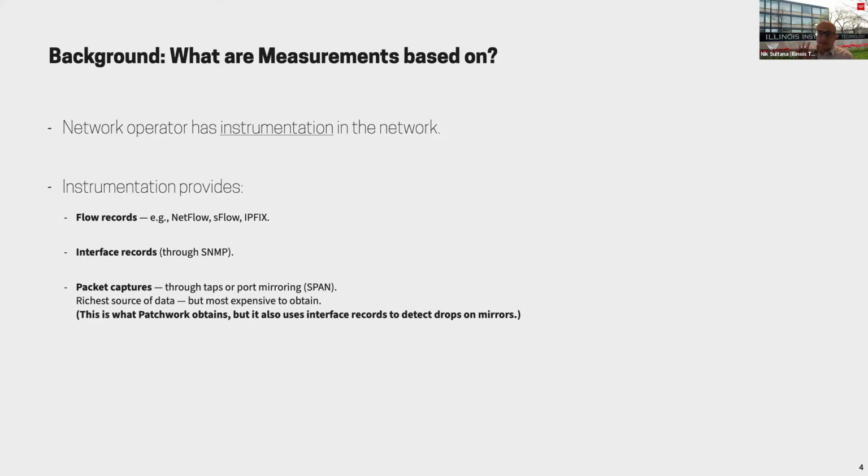So instrumentation decomposes into three types of outputs that are produced: there are flow records, there are interface records, and then there are packet captures, which is arguably the richest source of information you can obtain, but also the information that comes at highest overhead to obtain. And this is what Patchwork derives, right? So it uses port mirroring. It exploits, with the operator's permission, obviously, the SPAN port feature in order to sample the data plane of the test port.